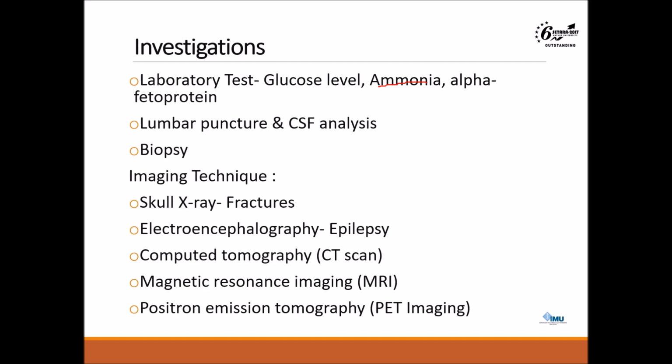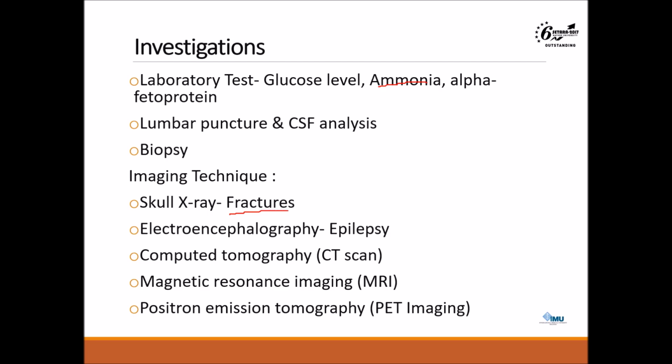And lastly, in CNS, the imaging techniques are important. Imaging techniques can detect abnormalities like congenital disorders, traumatic disorders, and neurodegenerative disorders. And also imaging techniques can detect abnormal tumor growth. In skull X-ray, we can easily appreciate the fracture of the skull bone.